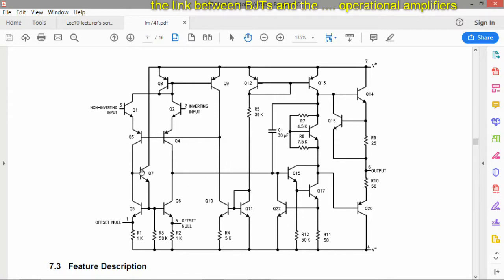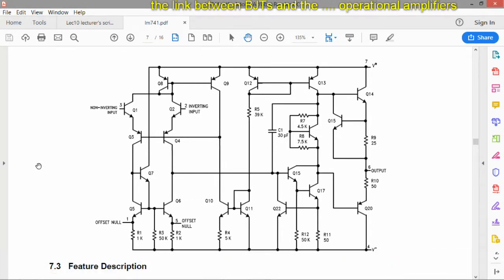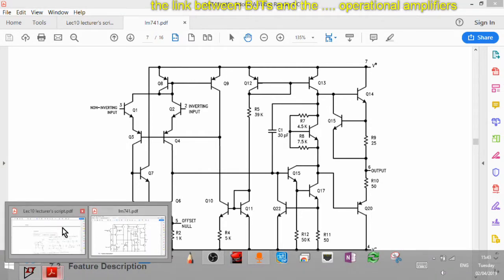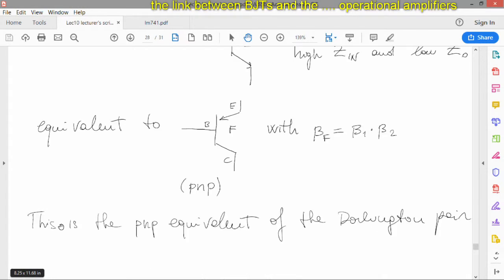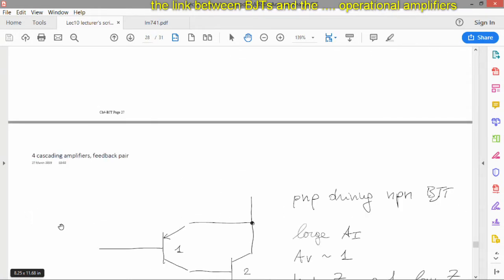Q7, let me see, where is it? Q7 and Q5. Yes, it looks like the feedback pair. No, sorry, no. Let me bring it up. The feedback pair was, no, it is different, you see? Is that what you wanted to say, the feedback pair?